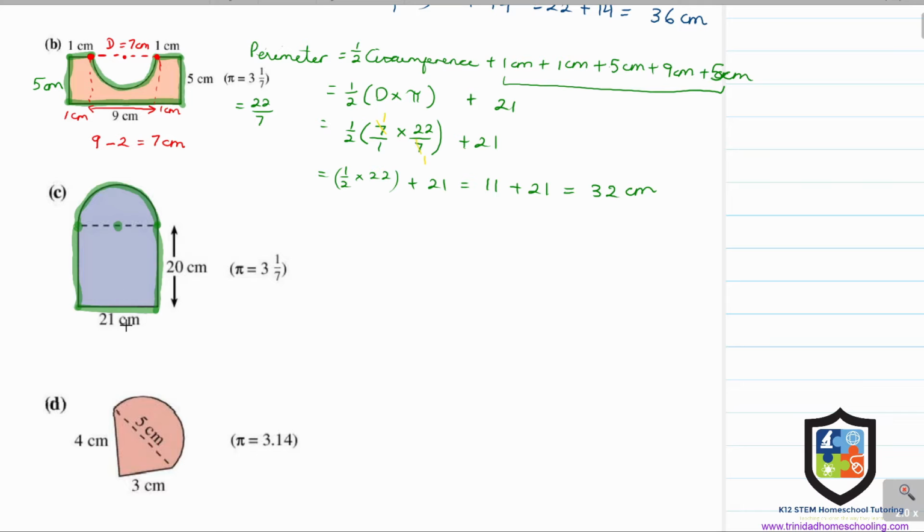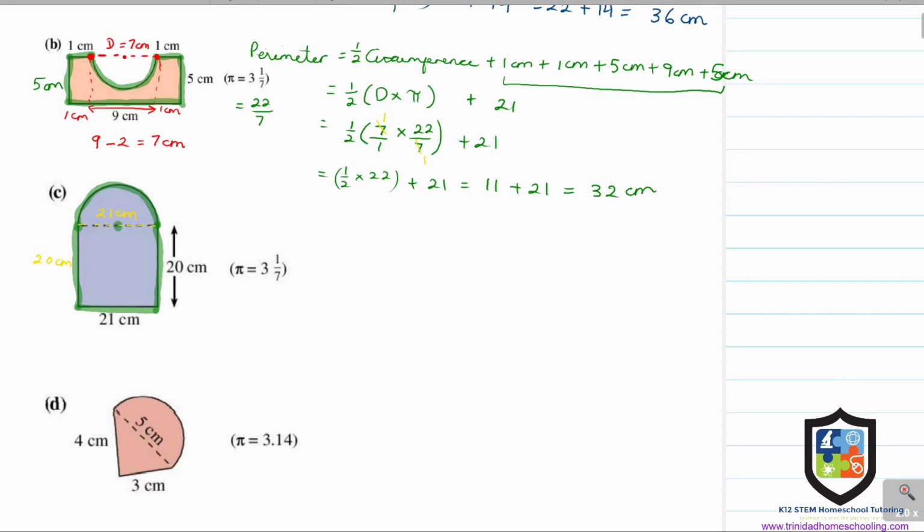If this side is 21 centimeters, then this dotted part here, which makes up the diameter of my circle, is also going to be 21 centimeters.